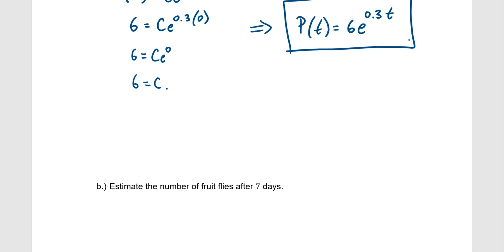Okay, and then the next one, we want to estimate the number of fruit flies after 7 days. So we need to write down that function that we just found, which was p of t equals 6 times e to the 0.3t. So after 7 days means t equals 7.